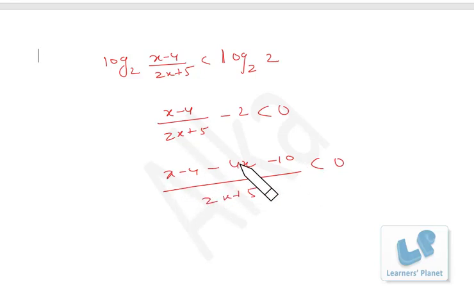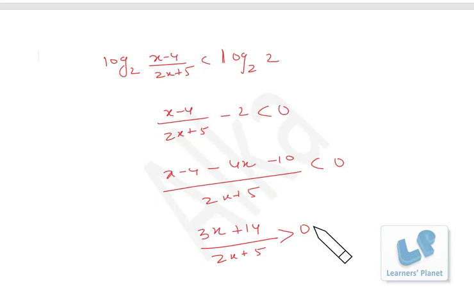So here it is x minus 4x, so it is 3x, and minus 4 minus 10 is minus 14. So I take plus 14 by 2x plus 5, and it should be greater than 0. I am multiplying the numerator by minus, so the sign of inequality will be changed.